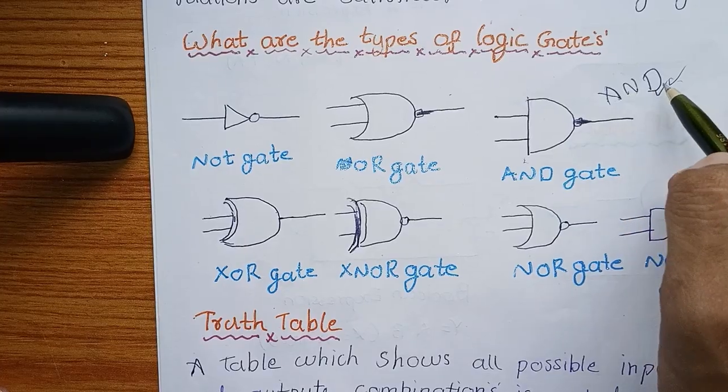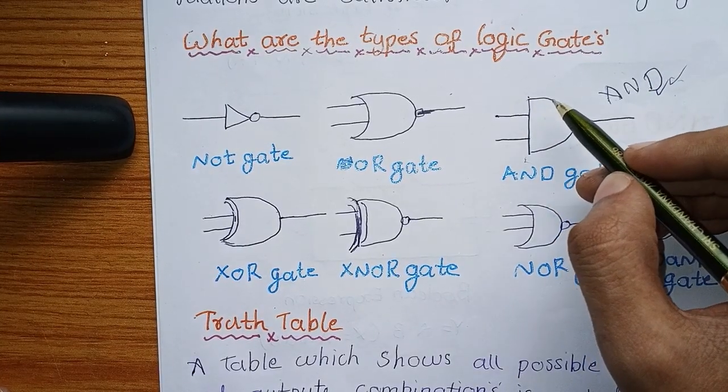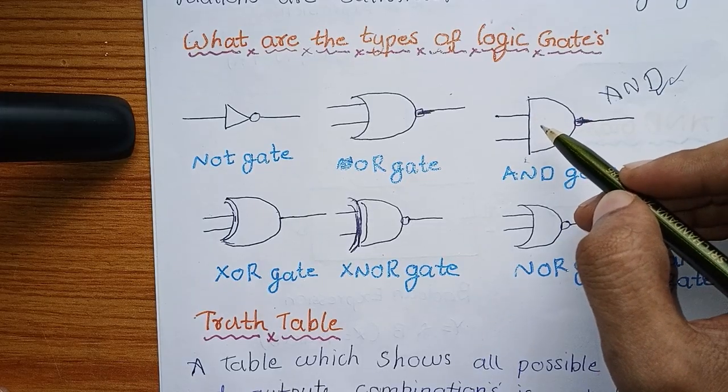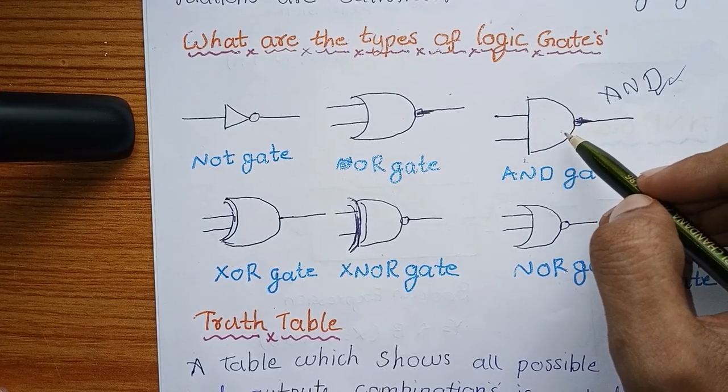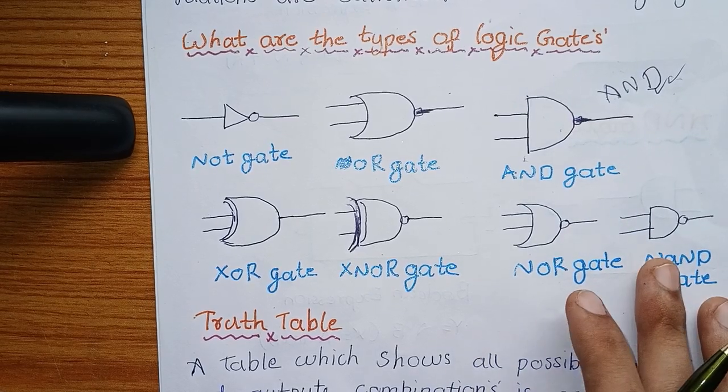In AND we have a D, and this gate is also in the form of the letter D. It is better to remember this as the AND gate, nothing else.